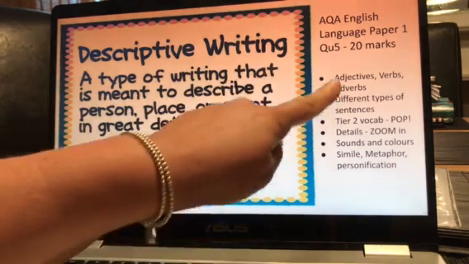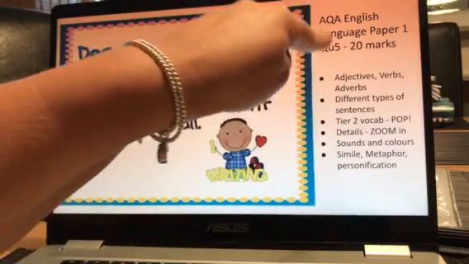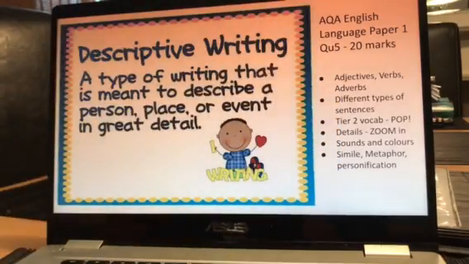Again, I've put you a reminder here of the things I've just talked about. And why do we do it? The most important reason is that by the time you get to Year 11, this is worth 20 marks on your Language Paper 1. It's question 5. It's always there, a description or a narrative.